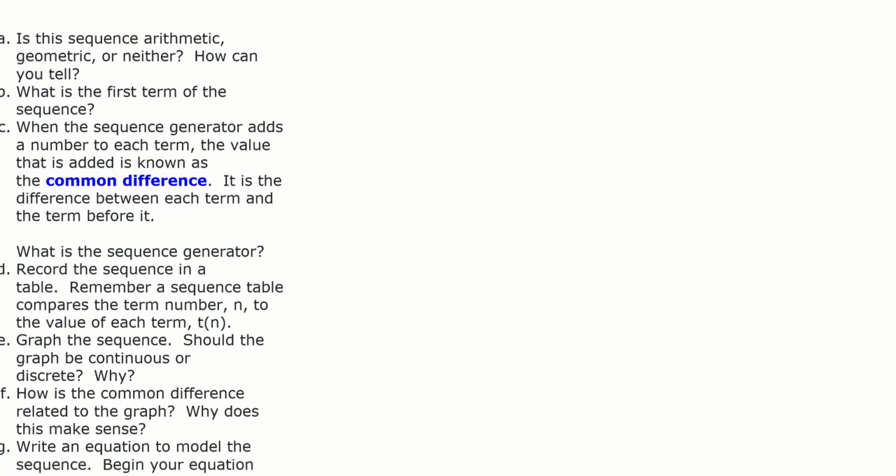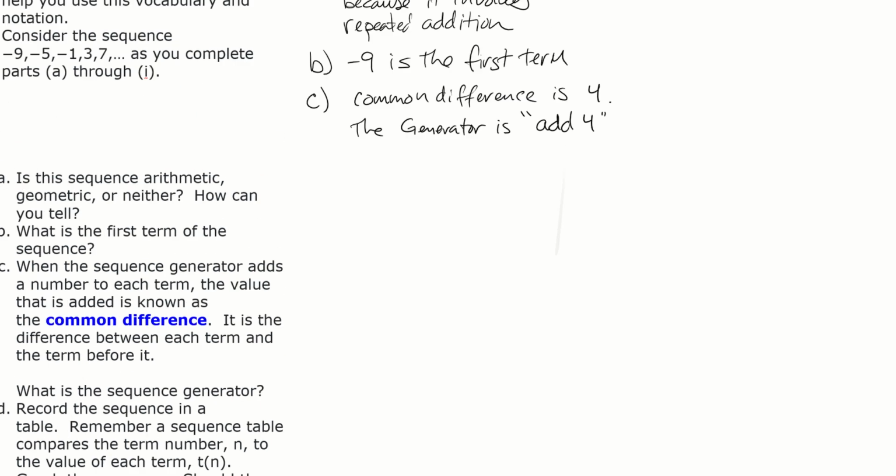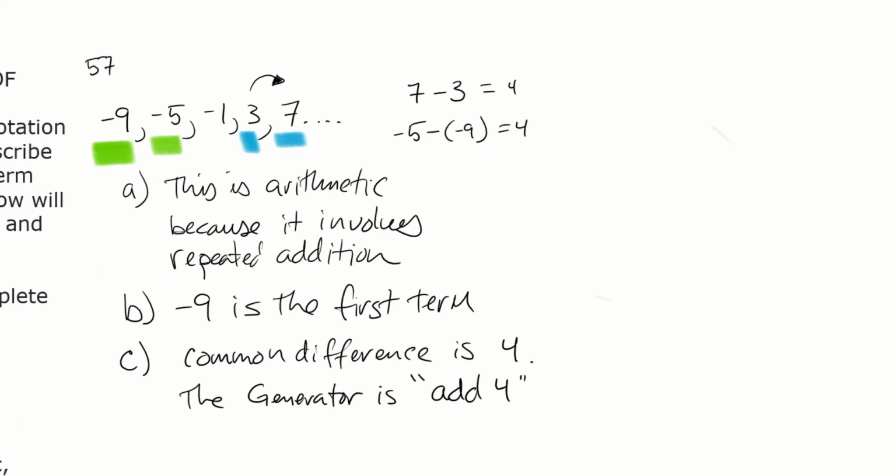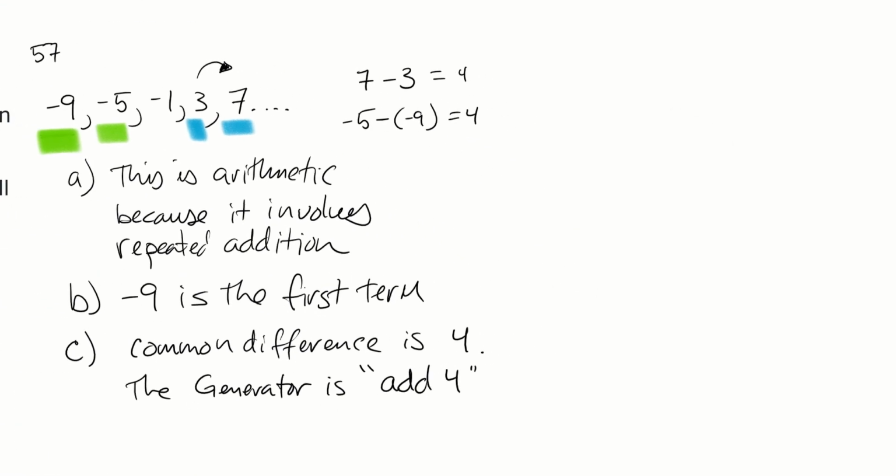Next is D: record the sequence in a table. Remember, a sequence table compares the term number n to the value of each term t of n. So let's write a table for this sequence. We have a space for the term number and a space for the value of the sequence at that number.